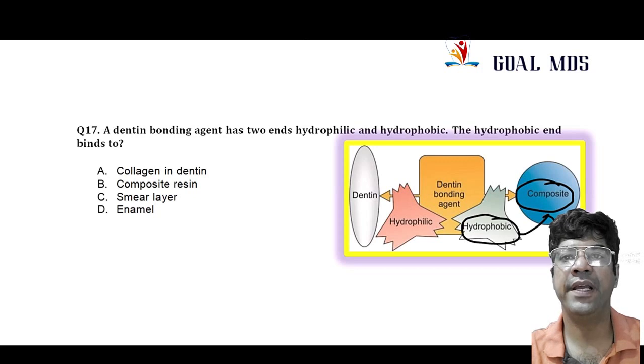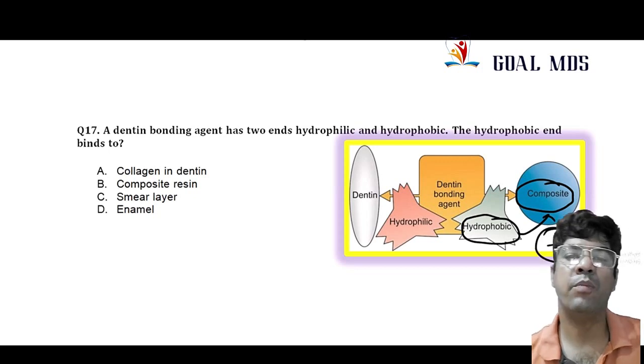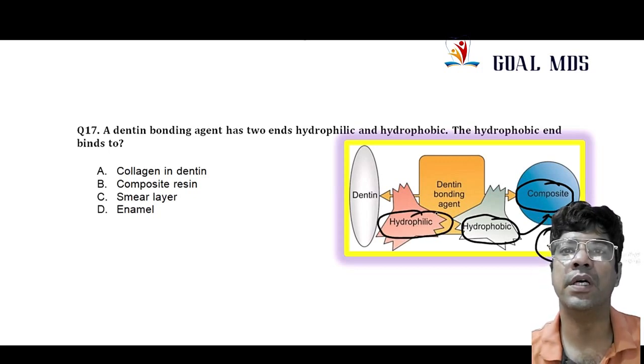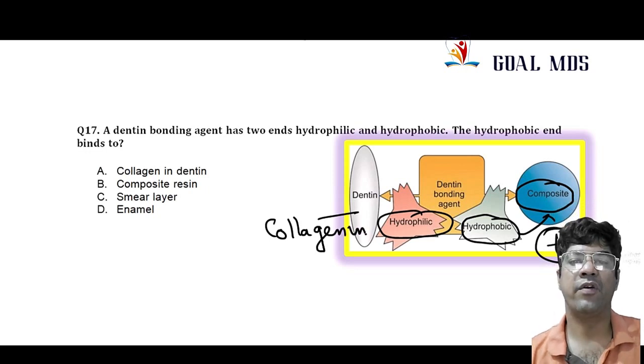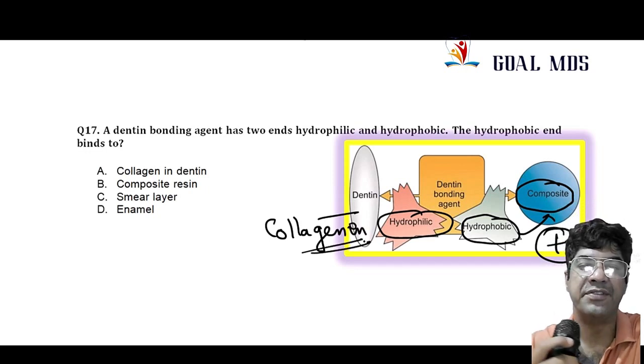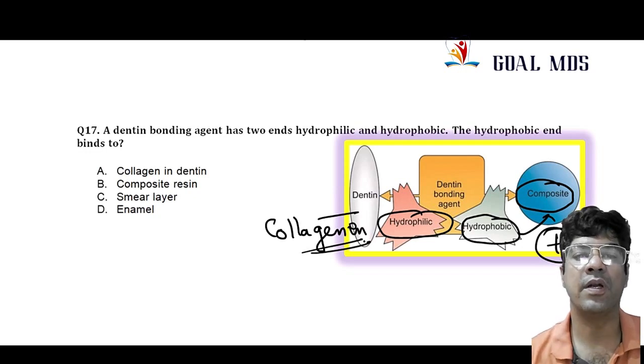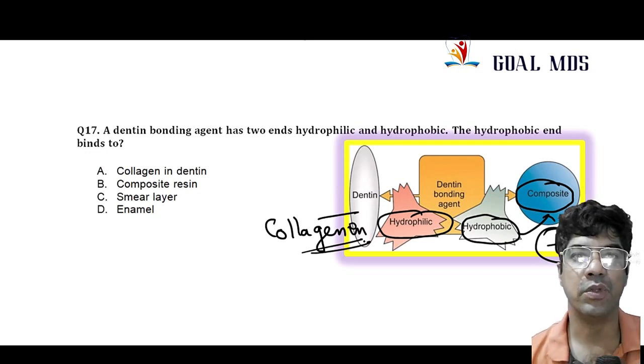Whereas the hydrophilic end of the dentine bonding agent binds to the collagen in the dentine. That is important for a stable and durable bond between the restorative material and natural dentine within the tooth.